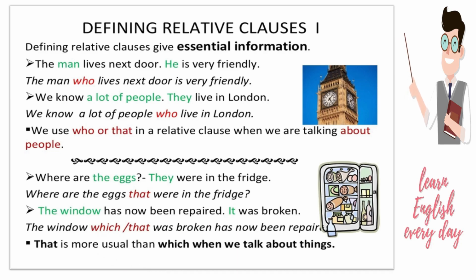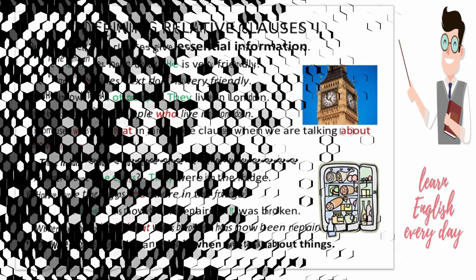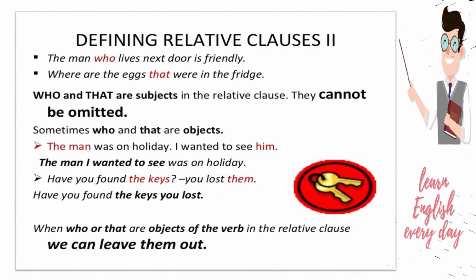The next thing that we need to discuss is that defining relative clauses cannot be omitted. What does it mean? The who and that in the sentences cannot be deleted.